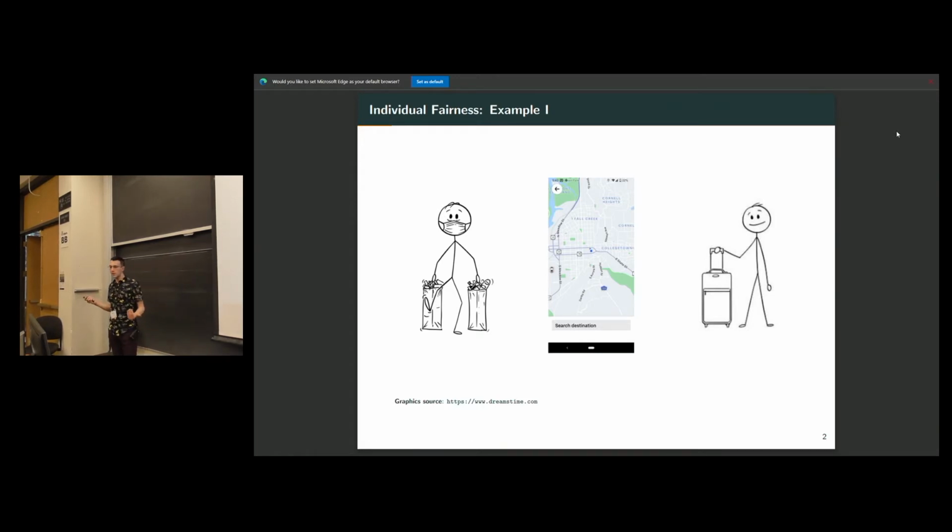But the person on the left, the very few times that they actually want a ride, half of the time they don't get it because they're blocked by the other person who most likely would request a ride. Okay, so this is a kind of contrived example, but I hope it drives home how the algorithm treats the two people who are otherwise similar. They both request a ride. It treats them on average not similarly.